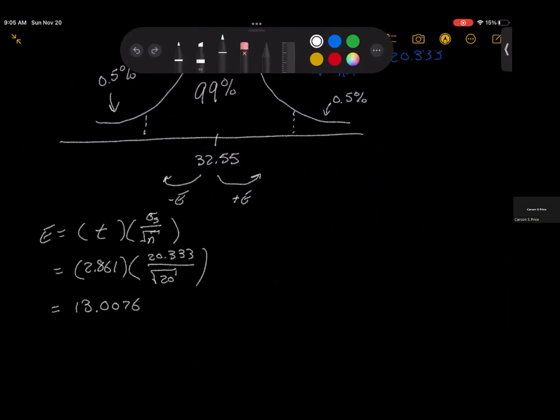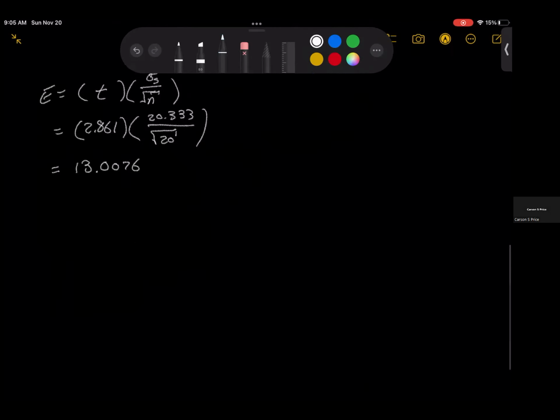If I do that, I get 19.542. And if I do that same thing to the right, I take my center of the curve, the average from my sample, and I add that error, and I move to the right, then I get an upper bound of 45.558.